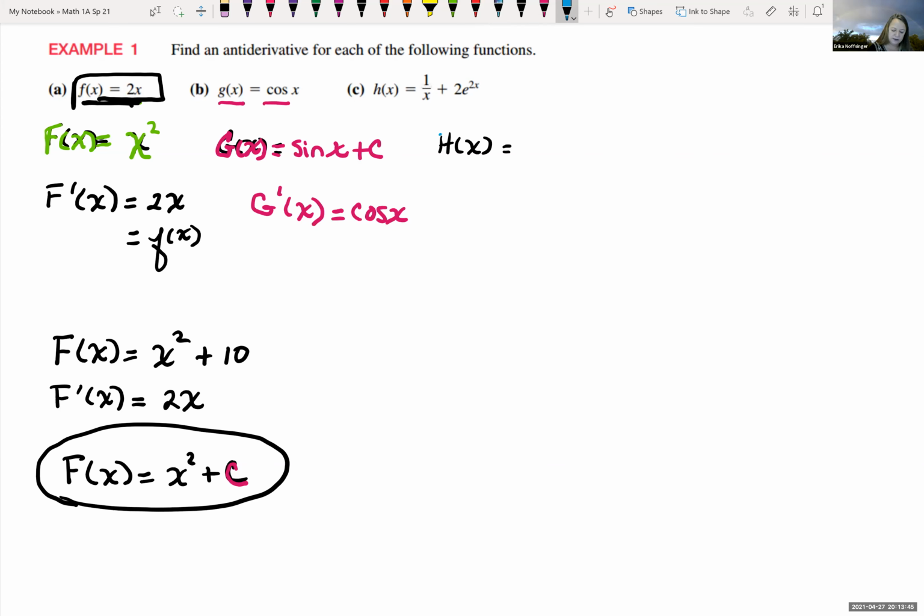So this last one, we're trying to figure out what we can take the antiderivative of to get back 1 over x plus 2 e to the 2x. So thinking about it, what did we take the derivative of to get back 1 over x? Well, recall that's the natural log of x. We need an absolute value there, unless we know that x is positive.